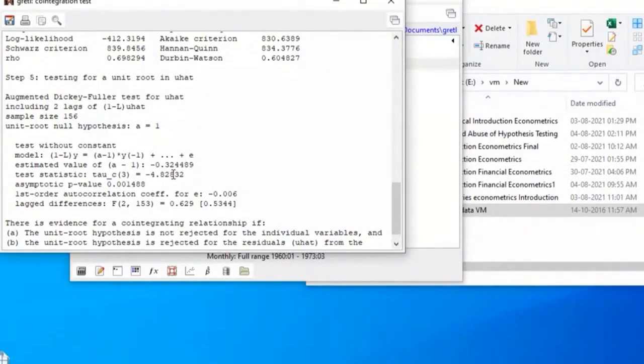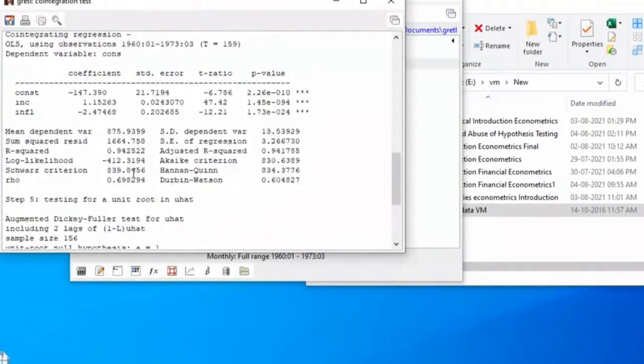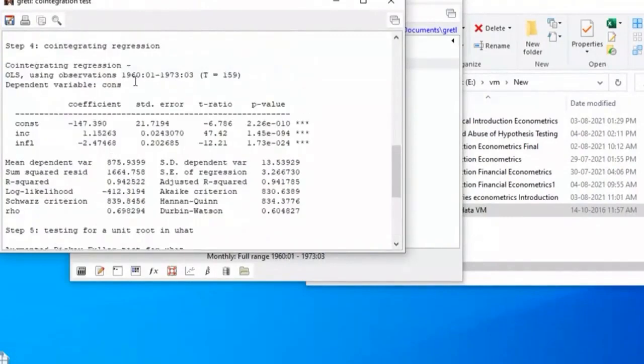If the residuals are I(0), then all the three variables, income and the others, are in a co-integrating framework. Now see here, the co-integrating equation is given in terms of consumption as a function of income and inflation. We are considering only one equation.